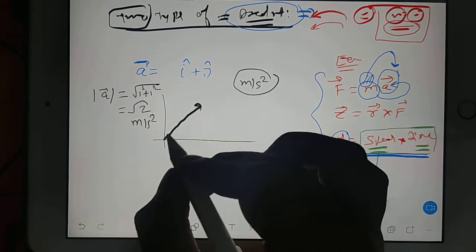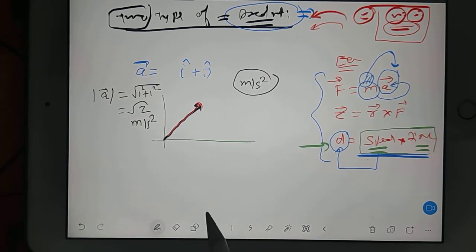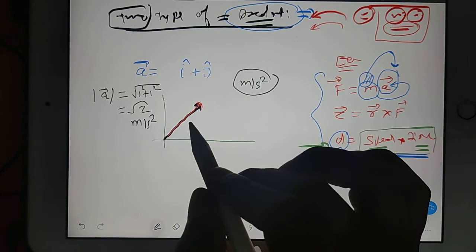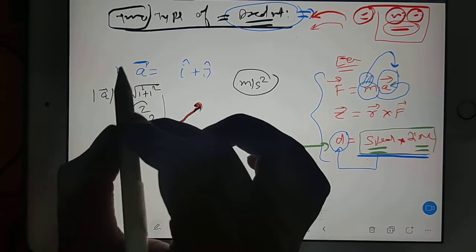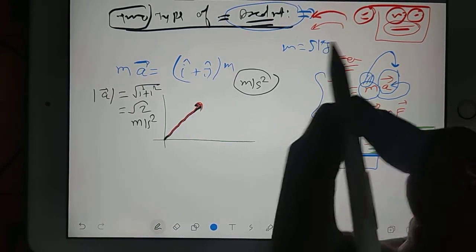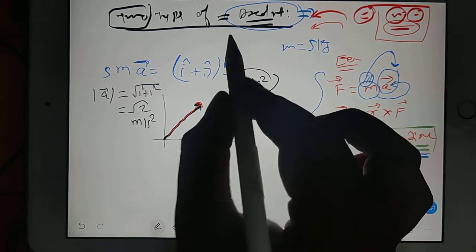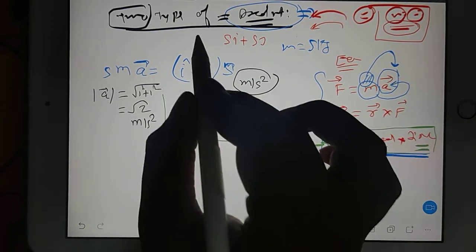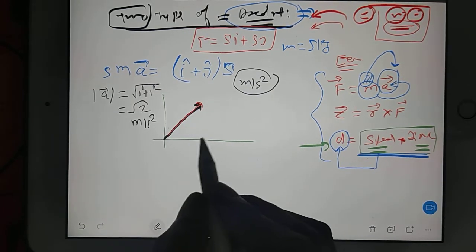But if you want to know what is the force acting on the particle, then you have to multiply by m here. Suppose the mass is 5 kg, so multiply 5 here and 5 here. Then this will be 5i plus 5j force, correct? Now how will you draw this force?